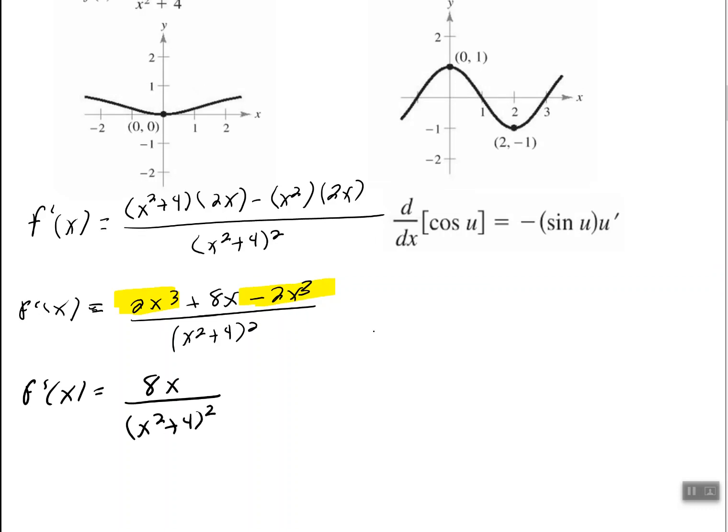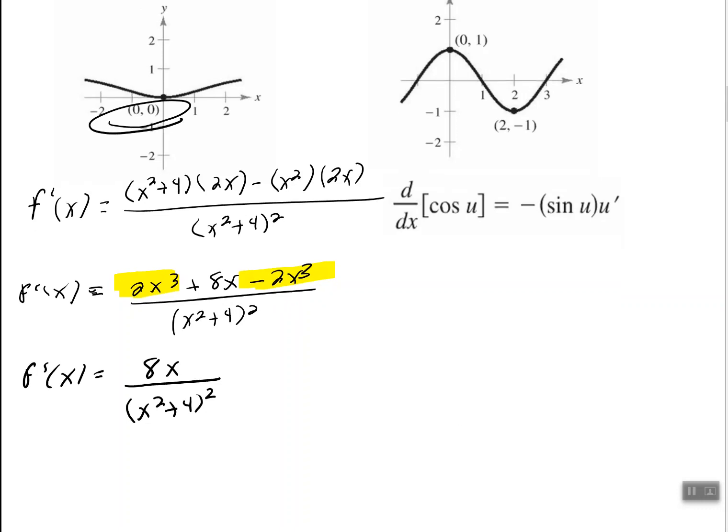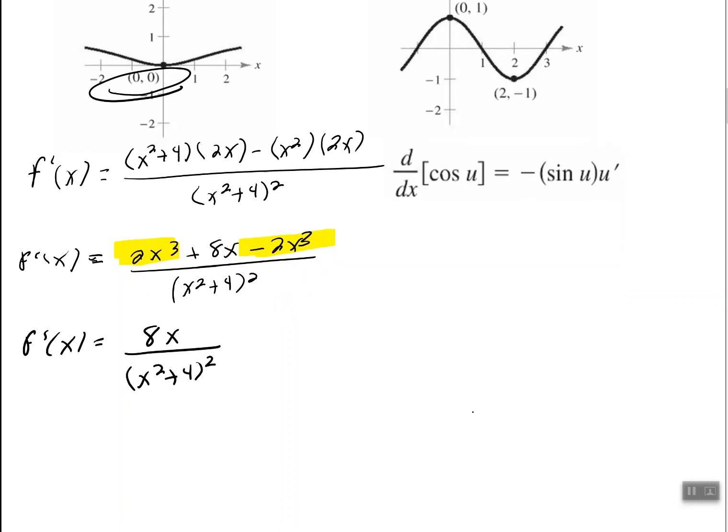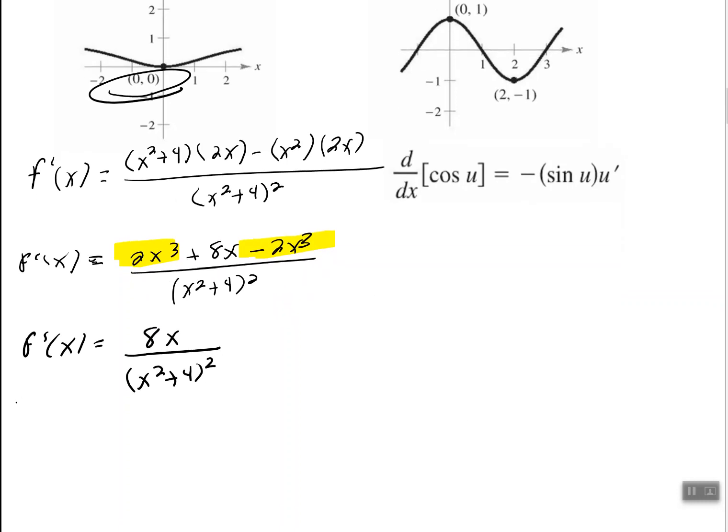And to find our derivative at the point 0, 0 is what we were asked to do. And again, if we draw a line tangent to that point, that line will be a horizontal line, so our derivative should be 0. So let's find our derivative at 0, 0. So we're going to replace x with 0.